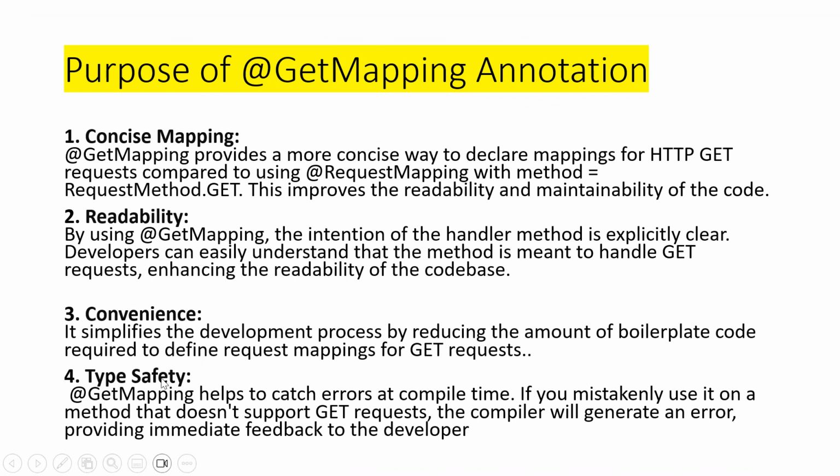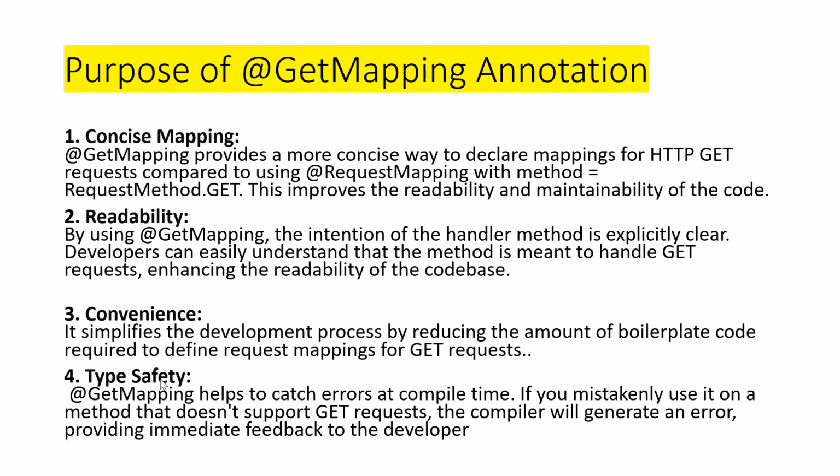And the fourth and the most important point is type safety. It provides a type safety feature. It helps to catch errors at compile time only. So let's say if you mistakenly use it on a method that does not support a GET request, then the compiler will generate an error, providing immediate feedback to the developer.